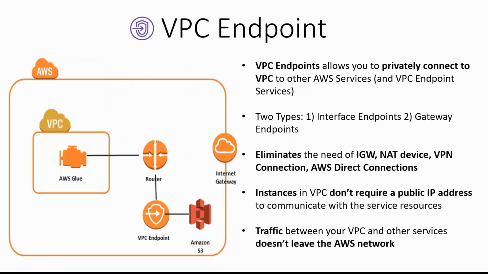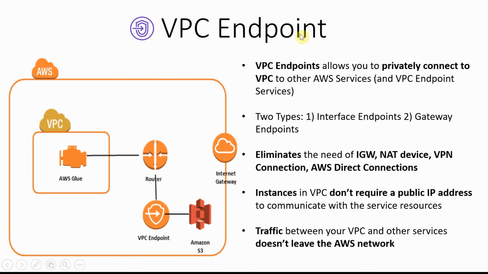and the other option is the VPC endpoint. This is a very common use case where you have already defined your VPC and there is some product, EC2 or Glue or any other product for that matter, that wants to talk to another AWS product which is not inside this VPC but outside it.